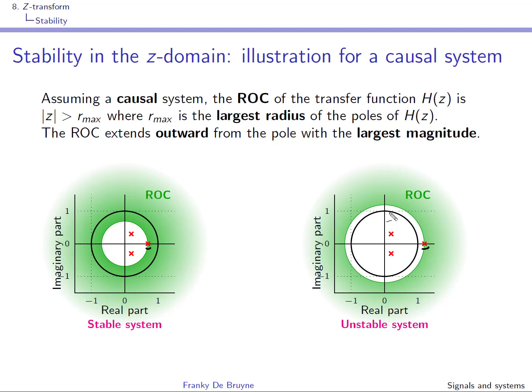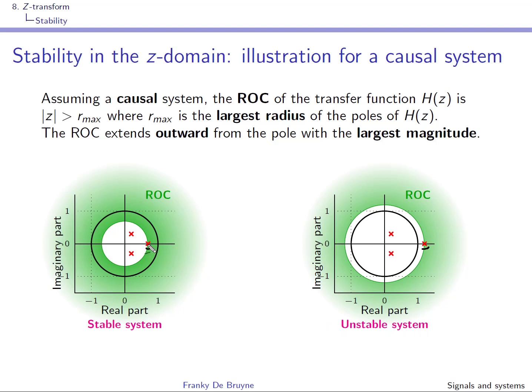We've seen in the previous slide that the system is stable if the region of convergence contains the unit circle. So this is clearly the case over here. So this system with these poles here will be stable. This is not the case over here because you can clearly see that the unit circle is not in the region of convergence. So this describes an unstable system.